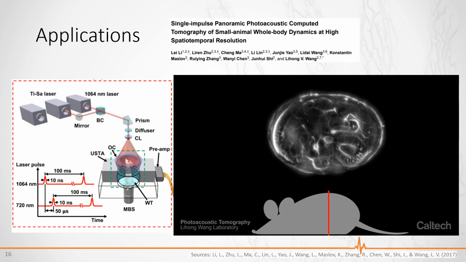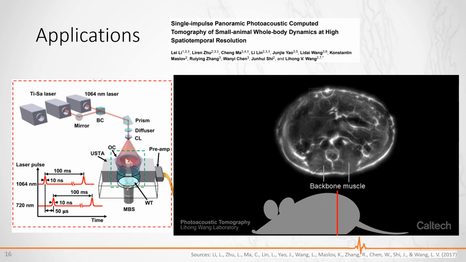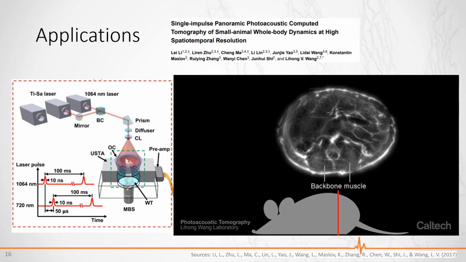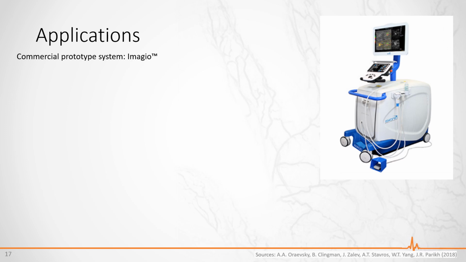Now we move on to a different example, going into the direction of clinical applications. This is the commercial prototype system Imagio. It combines traditional ultrasonic imaging and photoacoustic tomography in a single handheld probe.